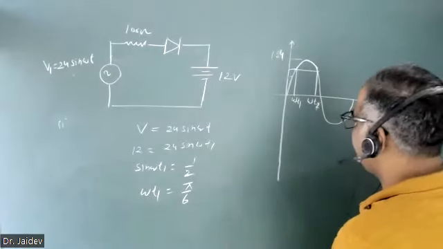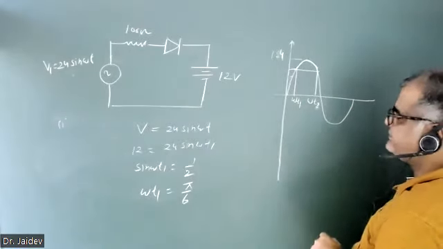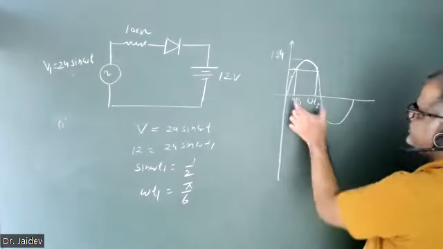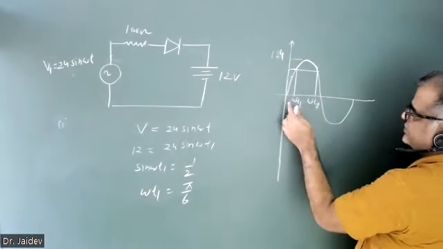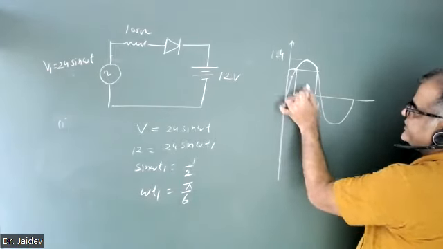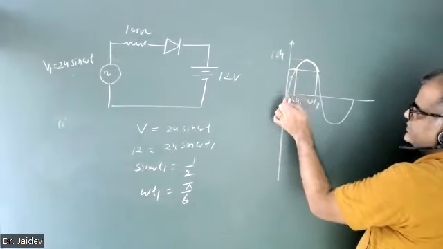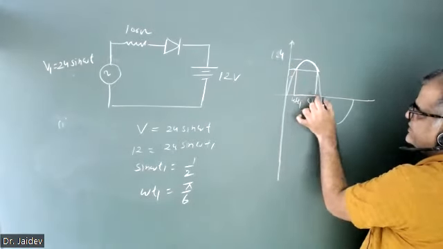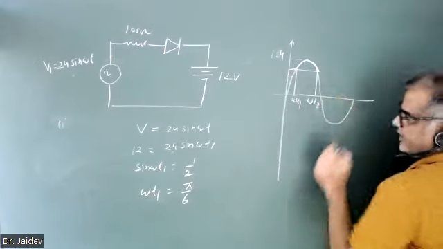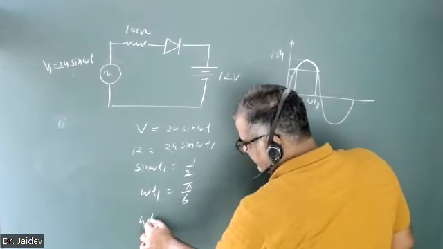So omega t1 is pi by 6, and the half cycle is 180. The diode is conducting only for this period. So this is pi by 6, this is 180. So omega t2 will be obviously what?